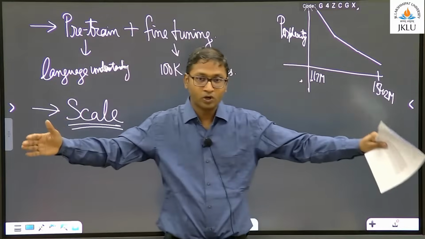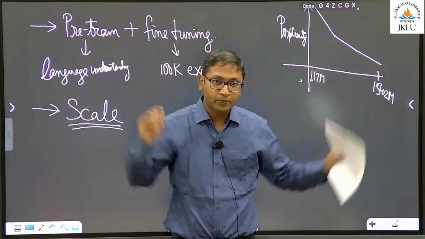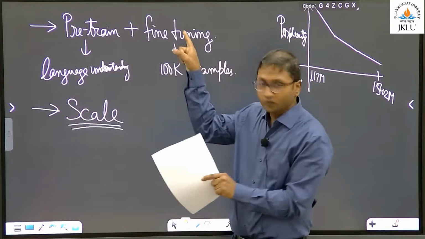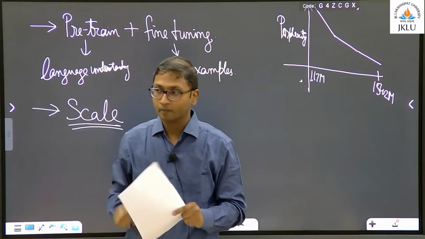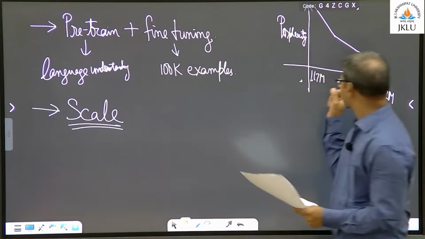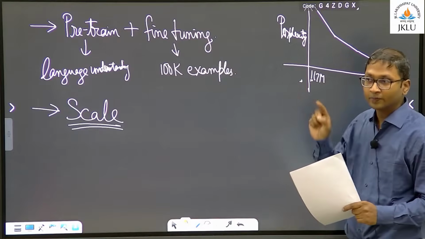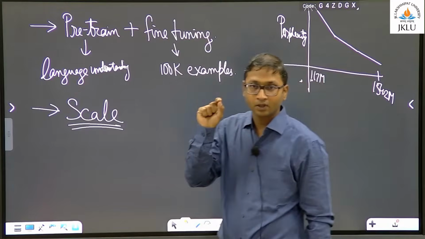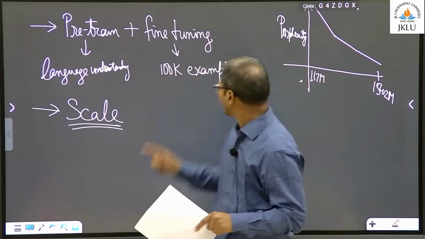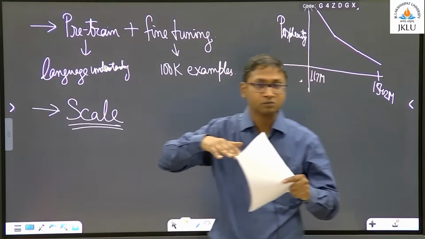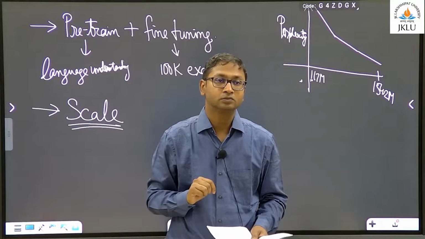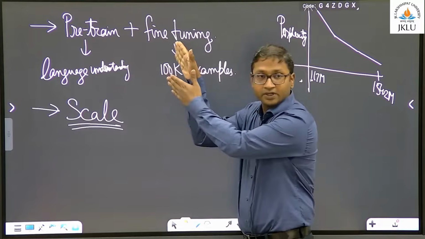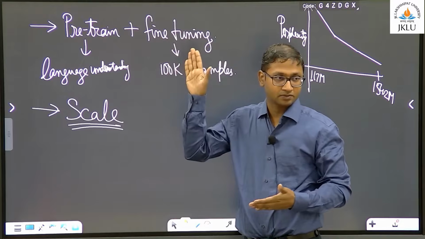A bigger model is more capable of absorbing the fact that if you give it diverse tasks, it will still be able to perform better. So a model of size 1.5 billion will perform much worse compared to a model of size 175 billion. On what? When you have diverse downstream tasks.